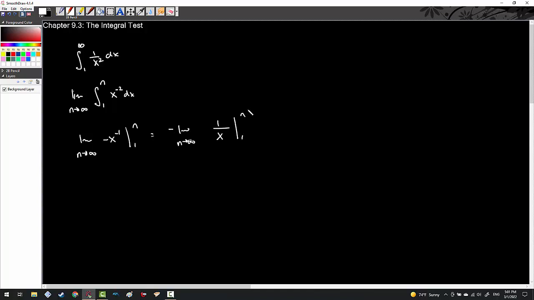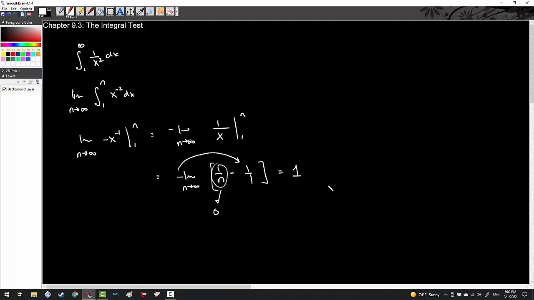Now, all I have to do is evaluate from upper bound minus lower bound. So that's going to be the negative limit as n goes to infinity of 1 over n minus 1 over 1. If I take the limit as n goes to infinity, this whole expression goes to 0, and I'm left with just negative 1. But the negative from the outside of the limit pops in, and I end up getting 1.